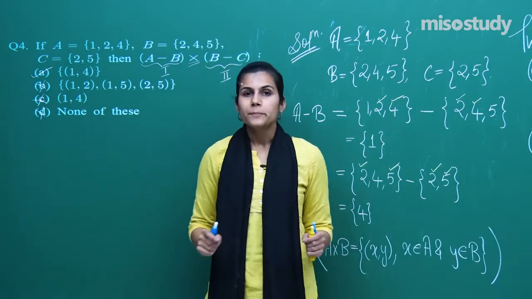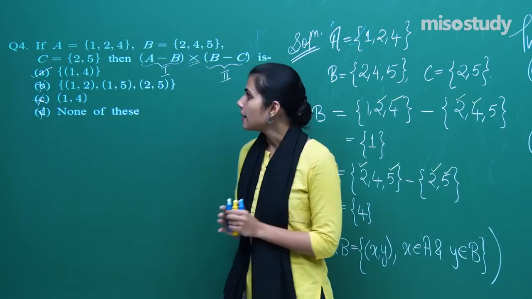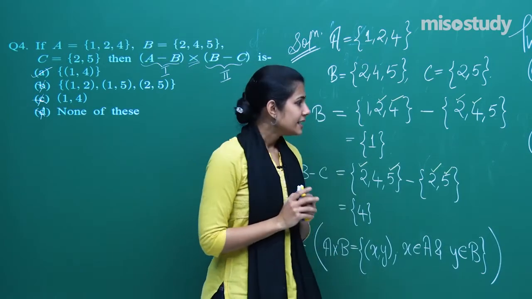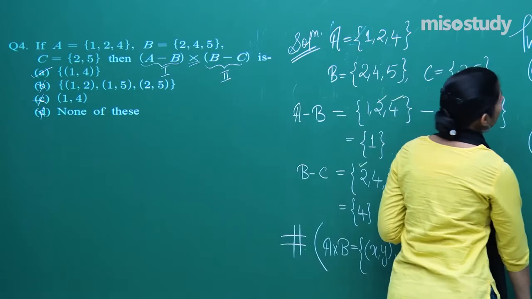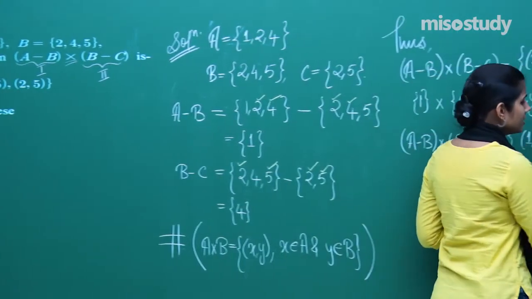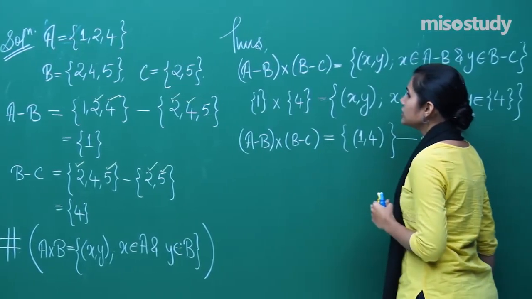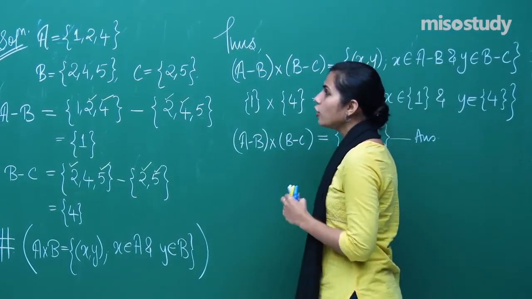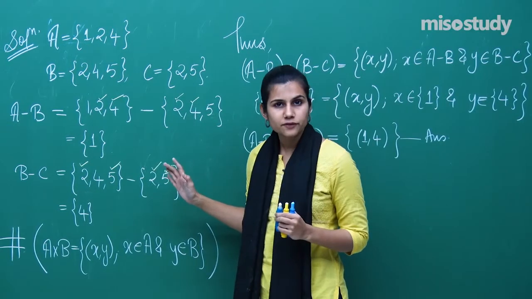That is what brings me to the end of solution number 4. Now that we have dealt with question 4, understood how we actually compute this type of relation, it's time to get along with question number 5.